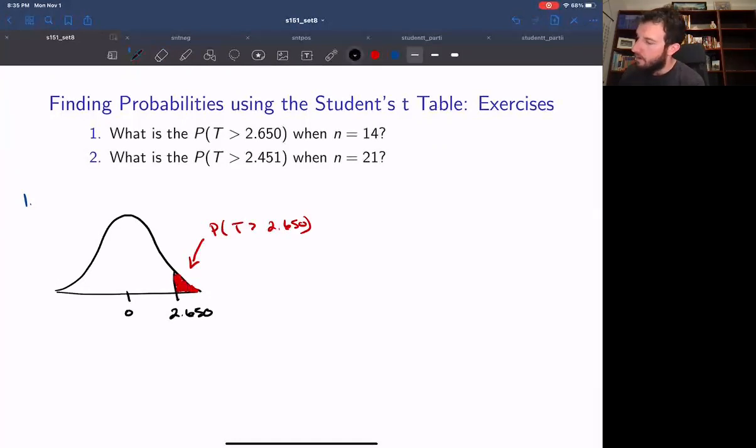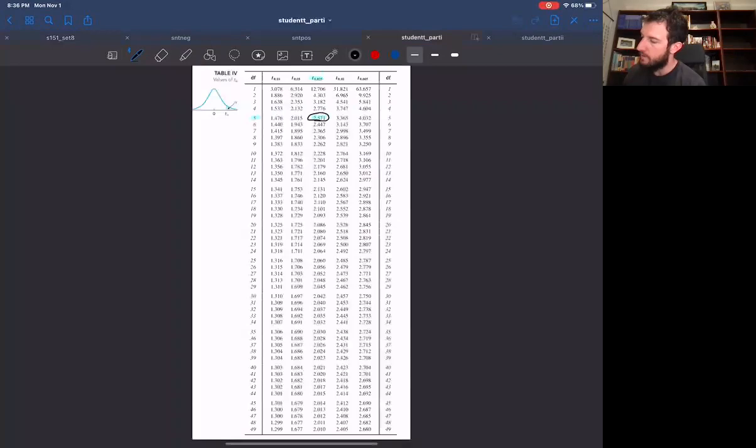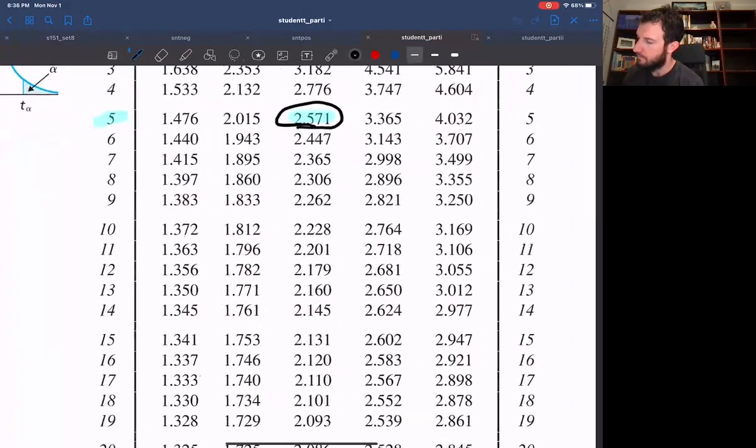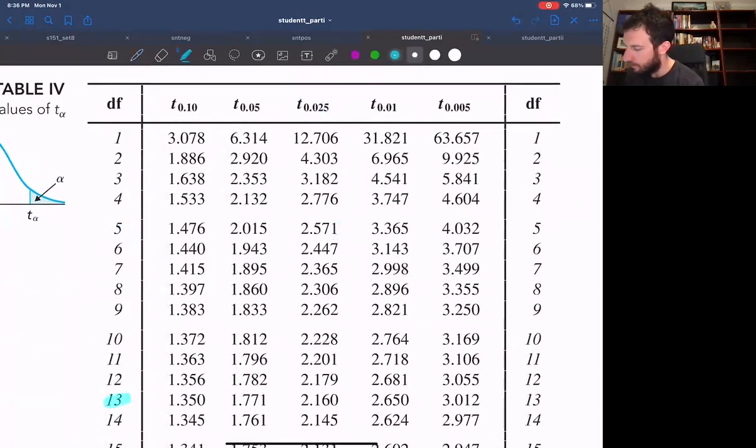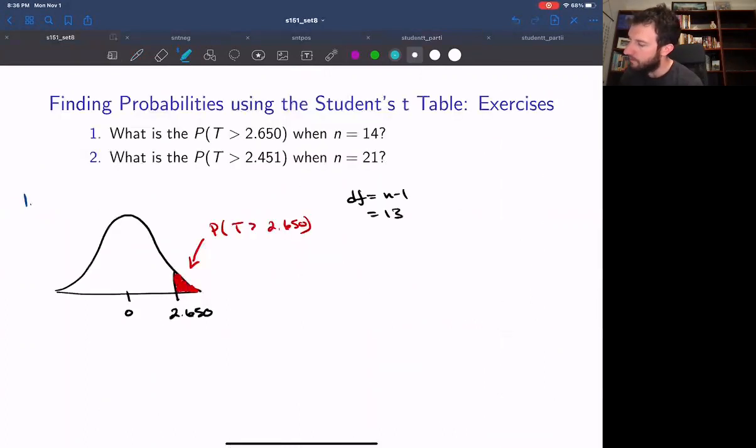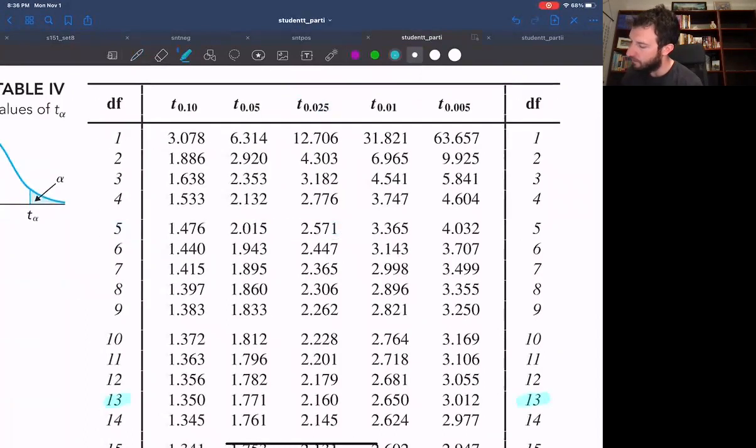Our degree of freedom is equal to n minus 1, which is 13. So we go to our student t table and highlight 13 degrees of freedom. Our value of interest is 2.650. We start here: 1.350. 2.650 is bigger than that.